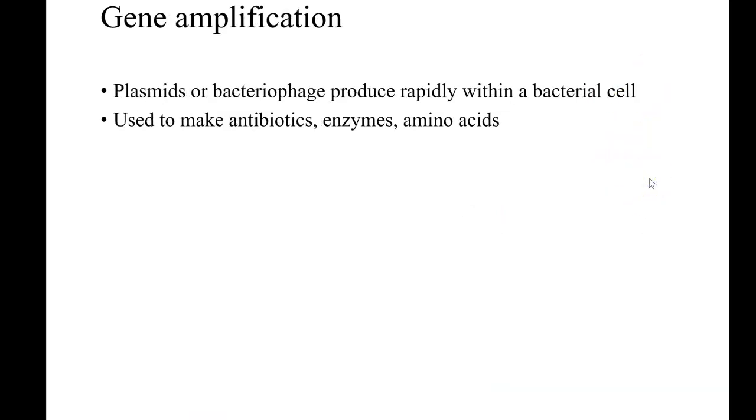If we wanted to get a product made, we would have to amplify the bacteria and the amount of product that they were making. Because bacteria grow very quickly and they're easy to grow in lab, we can grow a lot of bacteria and have them produce products so that we can get proteins that we can use for vaccines, medicines, and antibiotics.